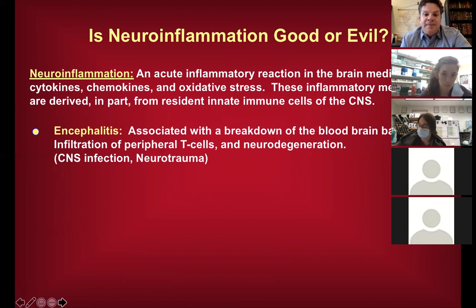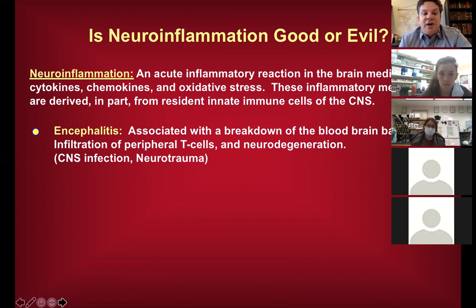You'll also hear the term encephalitis, which is, let's say you have a CNS infection, or bacterial meningitis. You're going to see brain swelling, and you're going to see breakdown of the blood-brain barrier. If you don't know what the blood-brain barrier is, don't worry, we'll discuss that in pretty good detail.